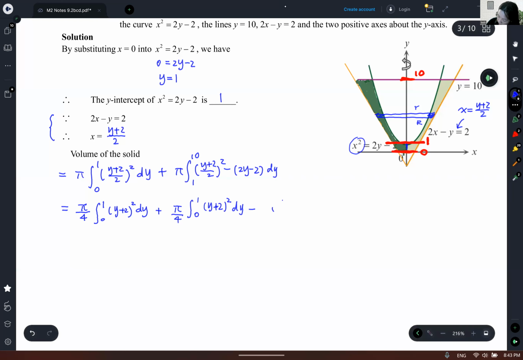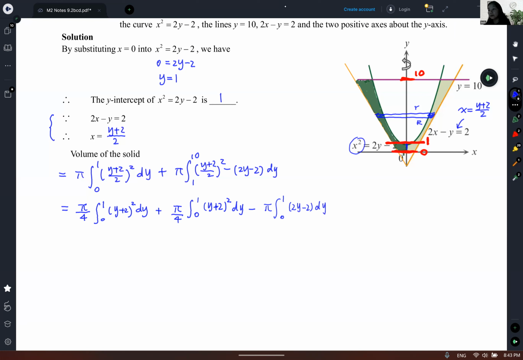Sorry, I don't want to take out 2 again. Last time I took out 2 and then it created a problem. Now then pi, 0 to 1, y minus 2 dy. I think it's easier this way. Because in this way I don't have to do the expansion. Yeah, I can just do adding 2 here.